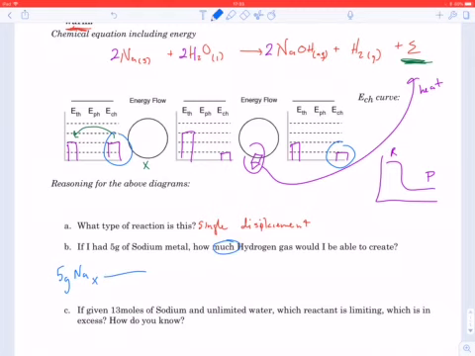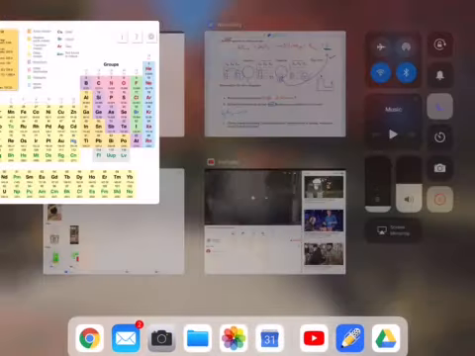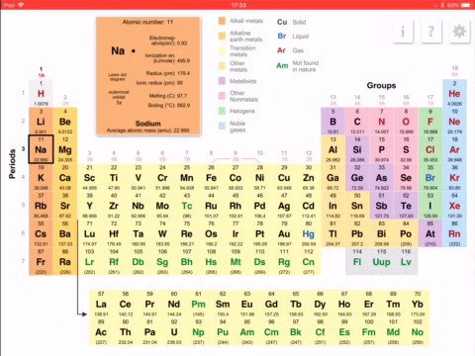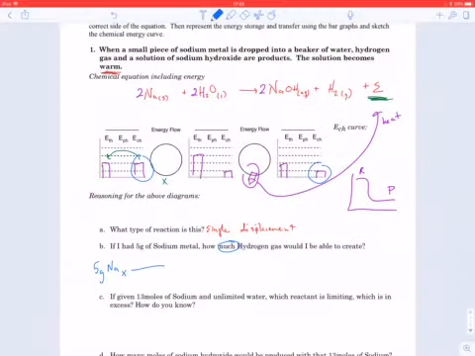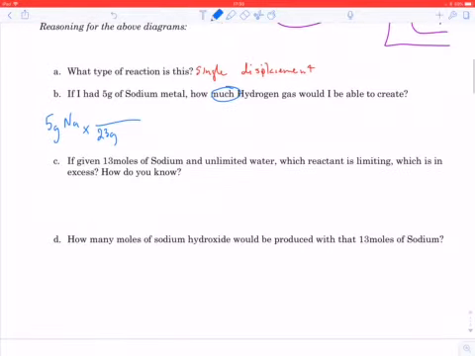Need to convert it to moles, so I'm going to put grams on the bottom. If I go to my periodic table, sodium is right over here in the first column. You see there at the bottom, 22.99, close enough. We can round to 23. 23 grams of sodium is 1 mole of sodium.